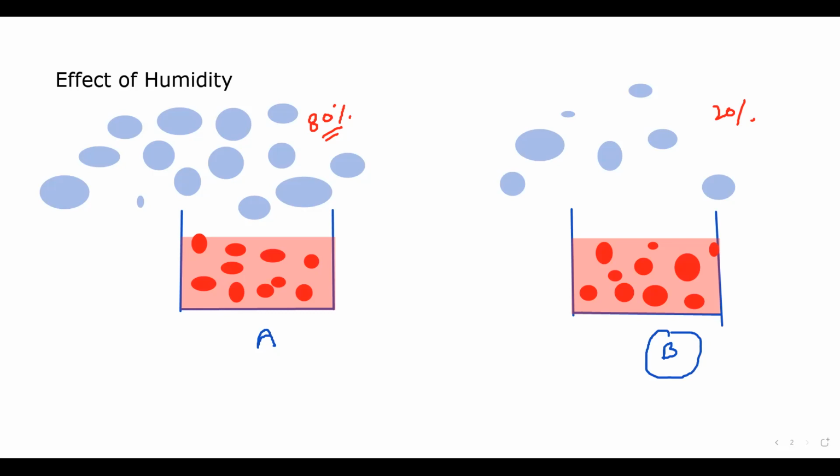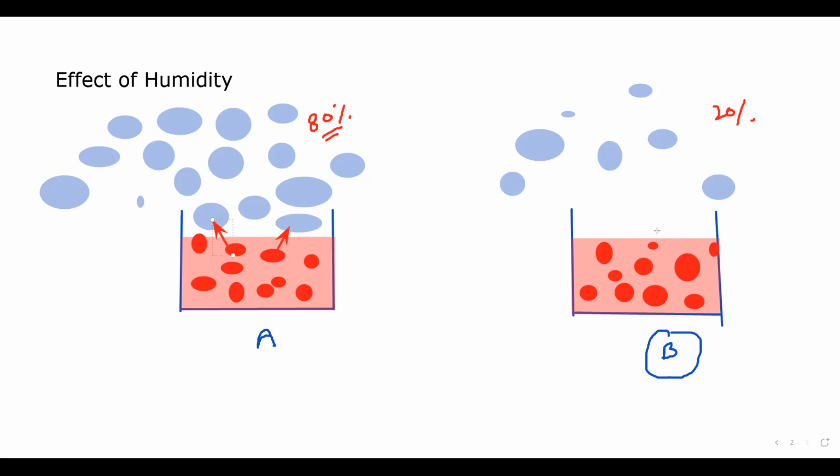Because there are already a lot of water molecules in the atmosphere. So when there are already a lot of molecules in the atmosphere, these liquid molecules are not able to come out because there's not too much space. So these liquid molecules find it difficult to come out.